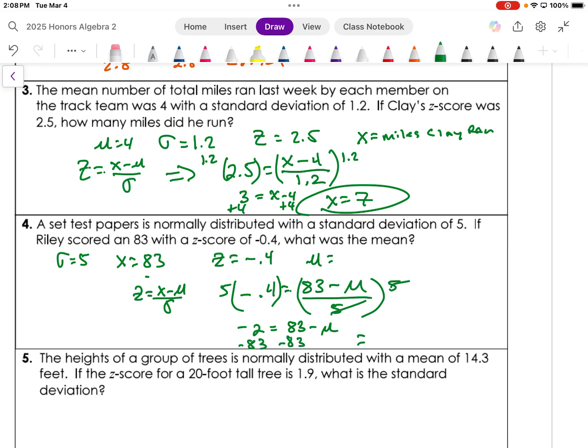Now, this is where you have to be careful when you drop signs. That's a negative 85 equals a negative mu. And then now we divide both sides by a negative 1, and I get mu is equal to positive 85. So the mean for that test was 85.